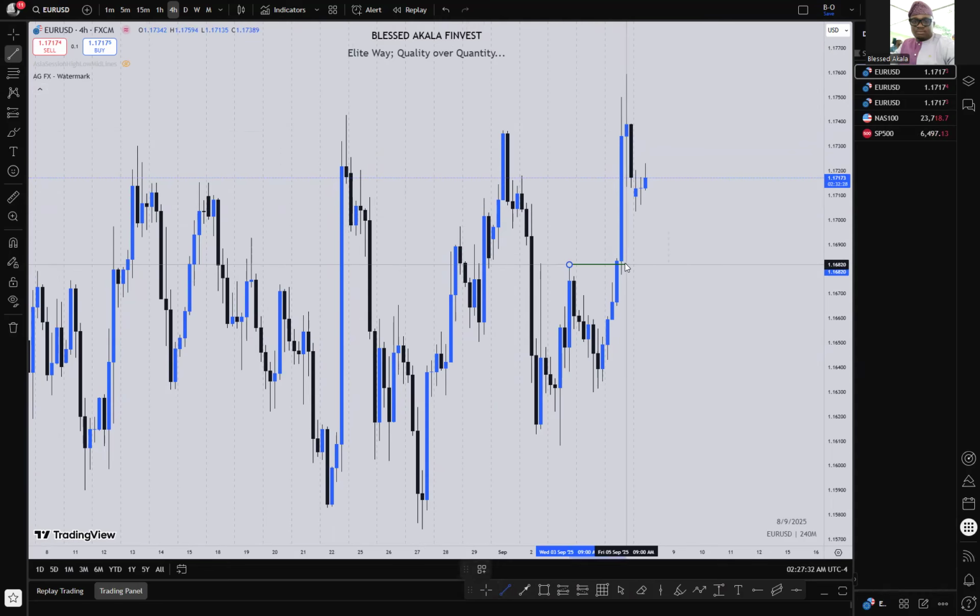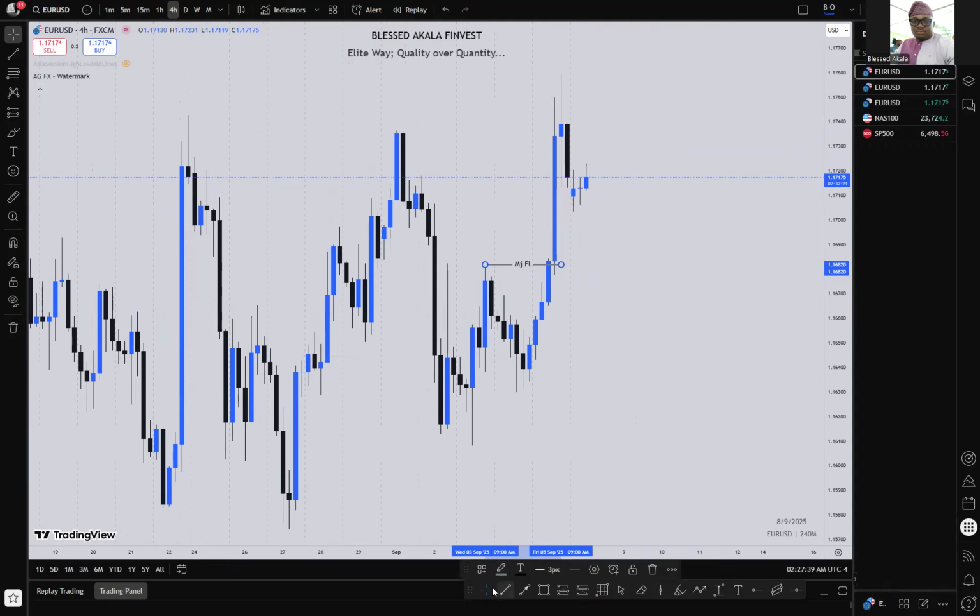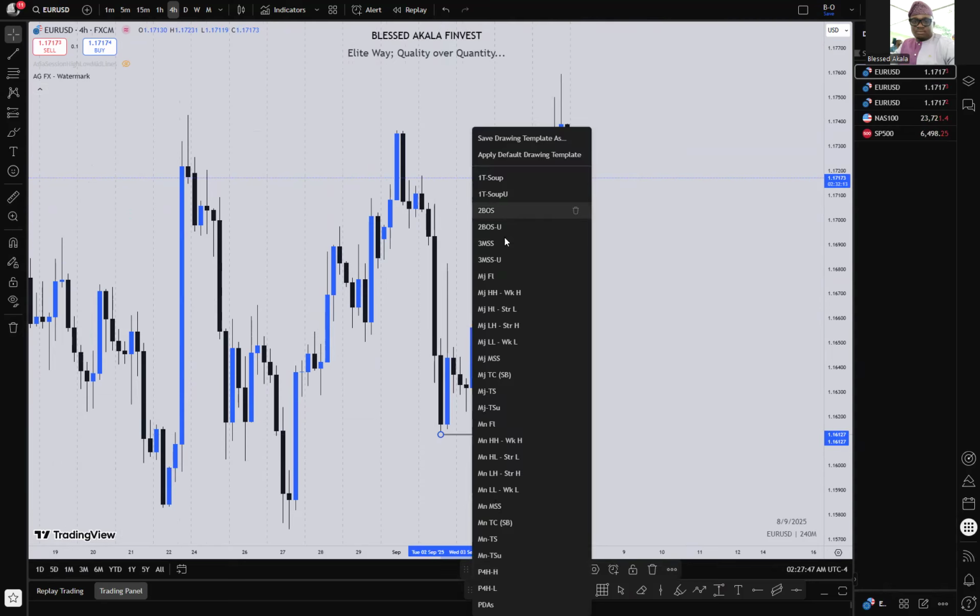We see a break of structure, and this is a flip in the market. That's a major flip because what do we have from this level here? We have this major turtle soup in the market.